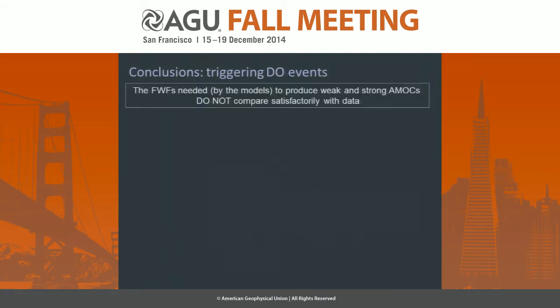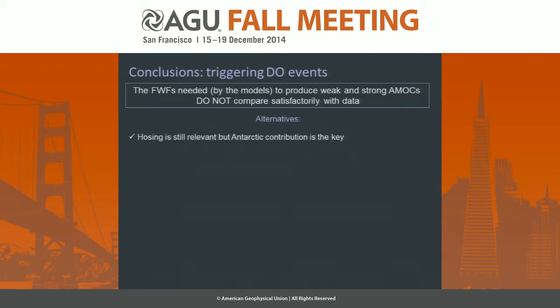So I'd like to conclude, and this is the topic of this session, to host or not to host, that if Hosing is seen just as putting freshwater flux in the North Atlantic, what we should remember is that the freshwater fluxes needed by the models to perturb the AMOC and make it shift between a strong and a weak mode conveniently do not compare satisfactorily with the timing suggested by data.